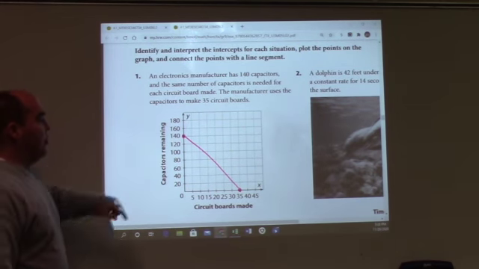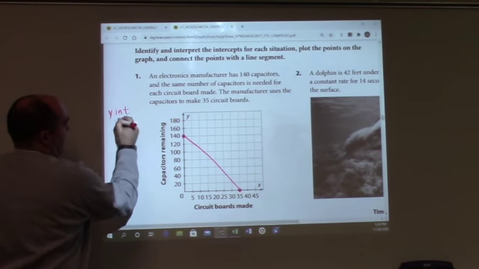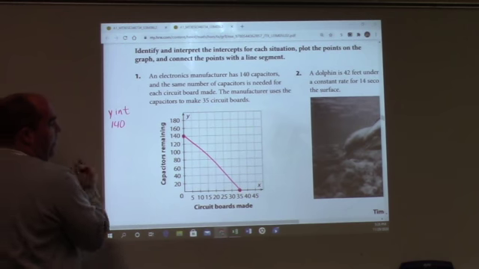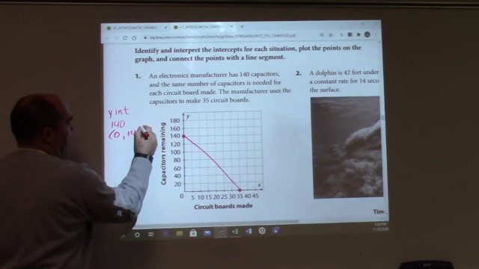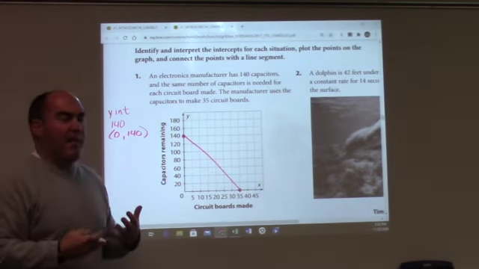Okay, so you would need to say that the y-intercept is 140. If you're going to write it as a point, you would say it is 0, 140. Okay, and then when it says interpret, what does that mean?